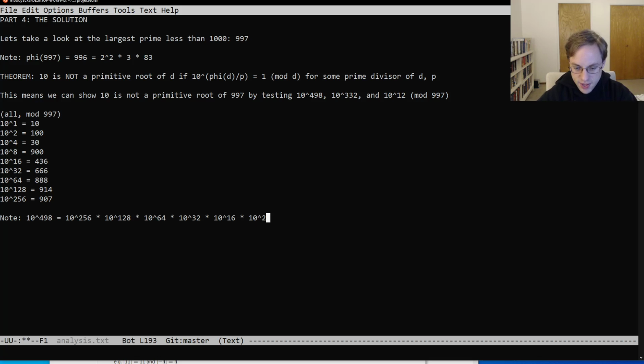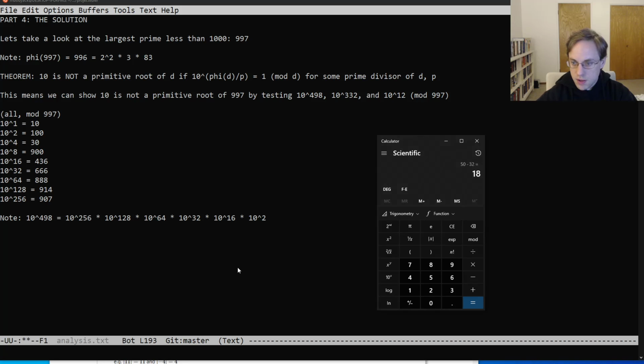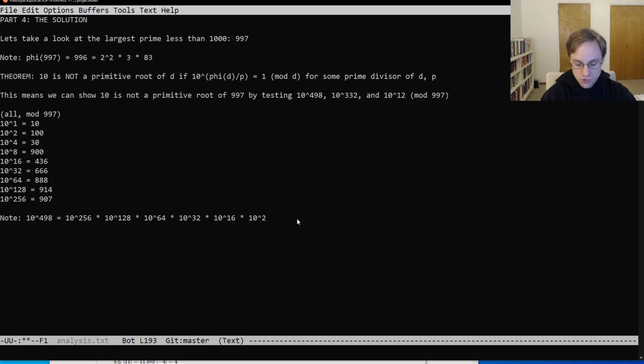I believe that's what we had remaining. Yes, 18. Okay, so I hope you can see why this is true. And then we'll just pull each of these values from our dictionary that we built up here.